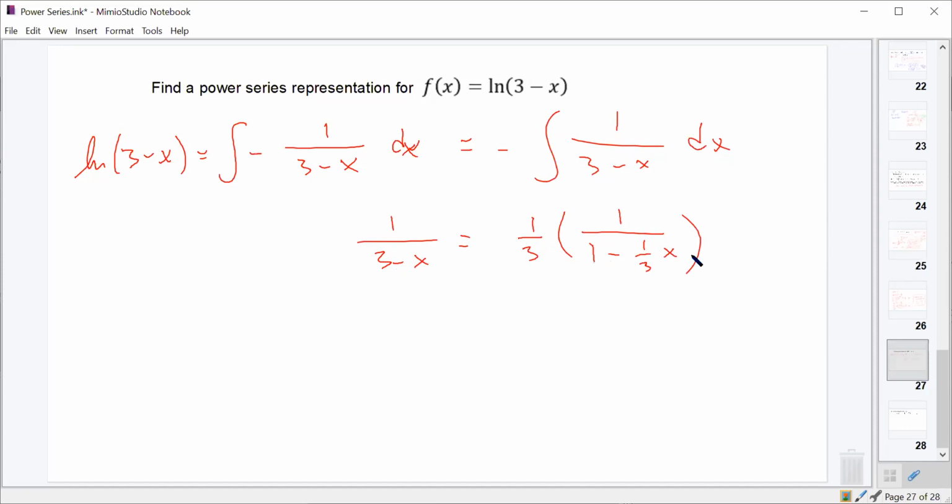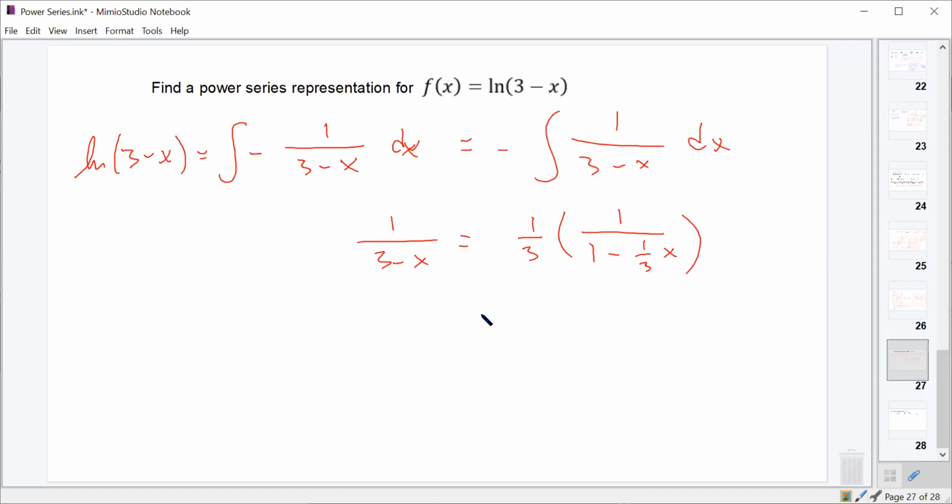Everybody good with that? Right, if I distribute that 1/3 through there, that's still going to give me 1 over 3 minus x. So this should allow us to get a nice, simple, easy power series representation for 1 over 3 minus x that doesn't involve an x minus 2 or something in it.